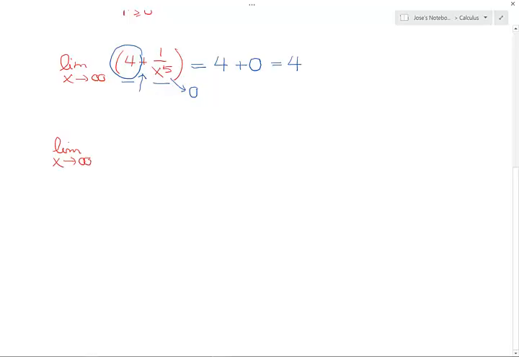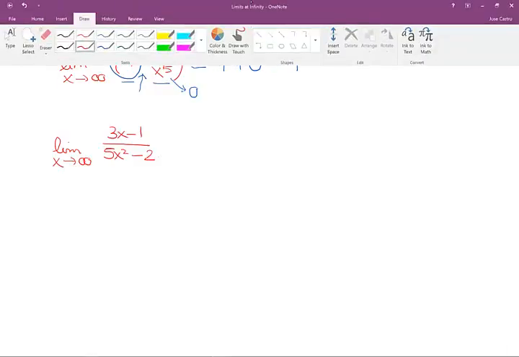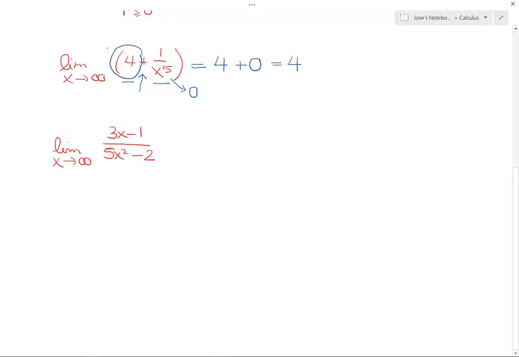Let's say limit when x goes to infinity of 3x minus 1 over 5x squared minus 2. Okay, so what is the issue here? Well, the issue is that I can look at the limit of the numerator, the limit of the denominator, and think about what happens. The numerator by itself is a polynomial. The leading term is 3x.